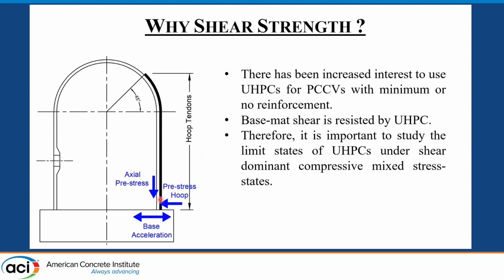There is a base mat shear that happens, as I've shown in the figure, because of the hoop stress and base acceleration due to seismic load or maybe wind load. So the base part of the joint of the dome and the base mat has a high amount of shear, or you can call it compressive shear, in that region.